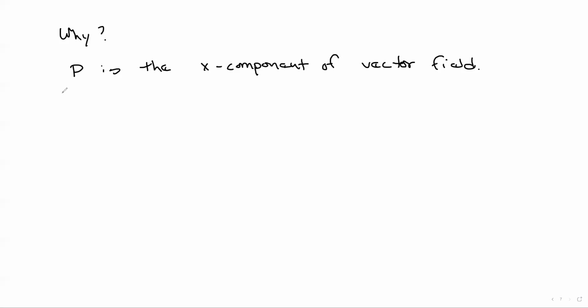The partial of P with respect to x is a measure of how P changes as we move in the x direction. And since P is the x component, it's a measure of how the x component changes as we go in the x direction.